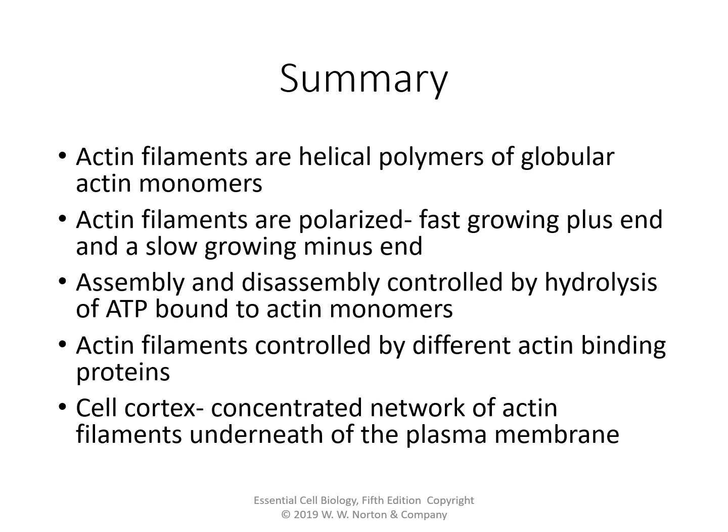So in summary, actin filaments are helical polymers of globular actin monomers. These actin filaments are also polarized, like tubulin. They have a fast-growing plus end and a slow-growing minus end. Assembly and disassembly of actin filaments are controlled by hydrolysis of ATP bound to actin monomers. In cells, actin filaments are controlled by different actin binding proteins.